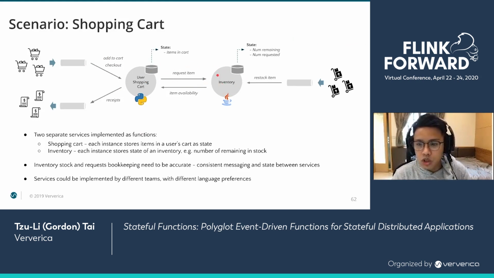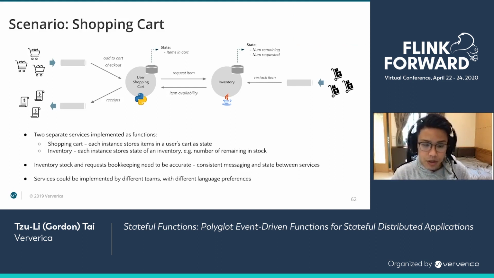The inventory function then checks availability of this item based on the state, for example, how many of this item is remaining, and then it reserves this item and replies to the user's shopping cart about the availability of this item. On being acknowledged the availability of the item, the user shopping cart function will then update the user state to contain that item in the cart.